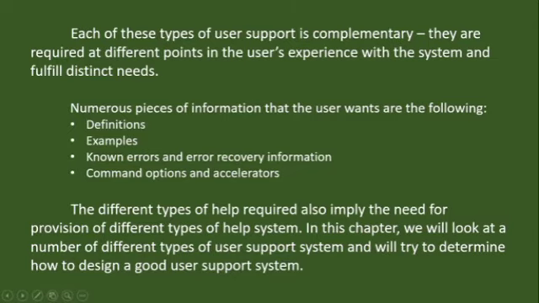So, within these types of required support, there are pieces of information that the user needs or wants when using a system. So, first one is the definitions. The second one is examples, known errors and error recovery information, and also the command options and accelerator.